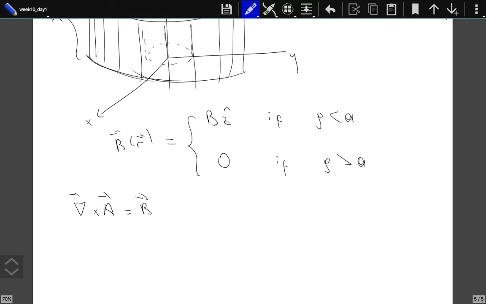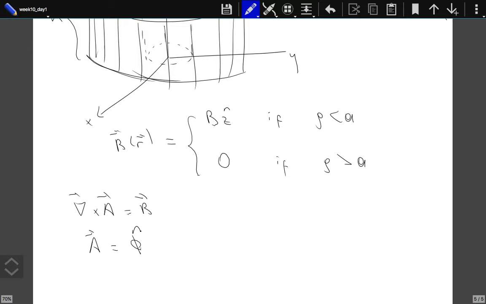Now, most of the time, the direction of the vector potential just corresponds to the direction of the currents creating the vector potential. Now, if you consider the solenoid, the currents are running around the solenoid in the phi hat direction. So the vector potential will also be in the phi hat direction.